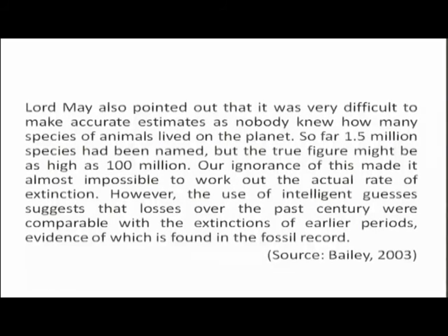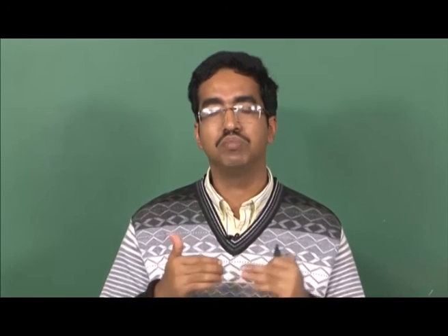So, this is what you can say are the main points from this particular text. This is how we read the text and get the main points out of it.